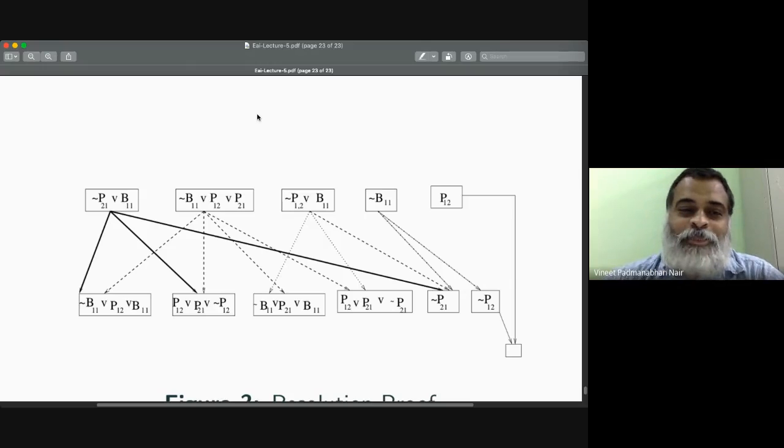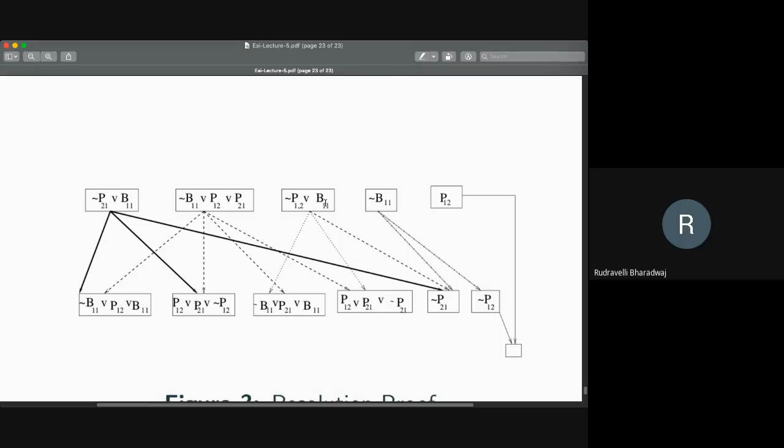If you see the dark arrow, first box and second box, you got the first two boxes down. Then I went to the third box, first box and third box. Is there anything to cancel? Not P21, not P12 or B11. It will not cancel, isn't it? Yes, sir.